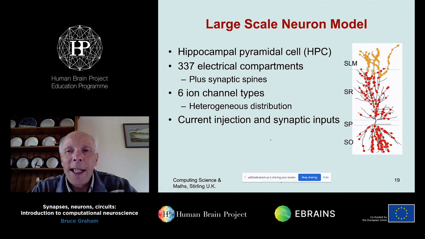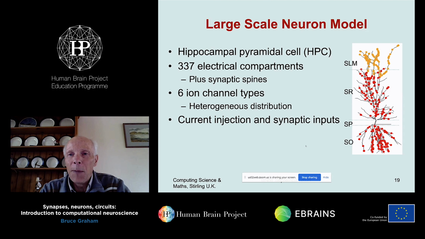So that was done with a very simple neuron model. I started out, though, showing you an example of a rather more complicated compartmental model of a hippocampal pyramidal cell. So the black lines you can see buried under all my pretty colored dots here is a tracing from a real hippocampal cell.